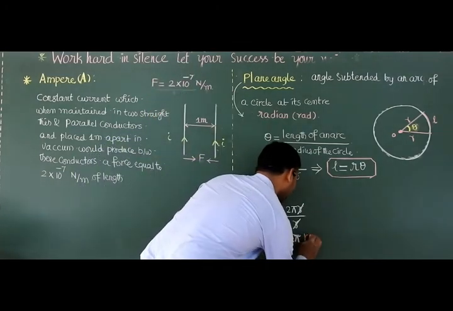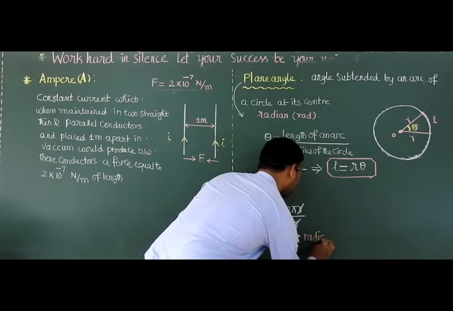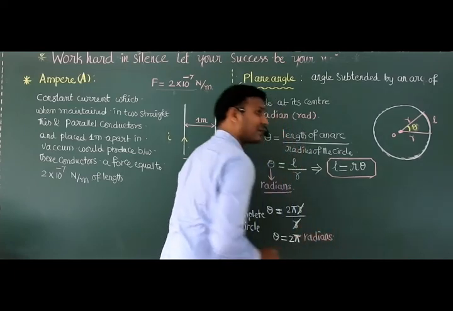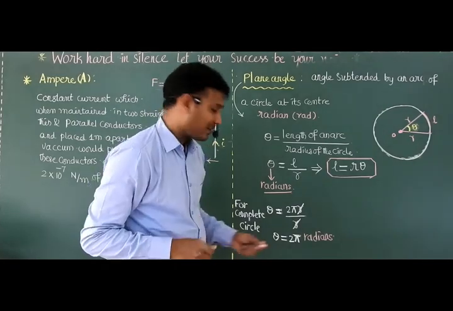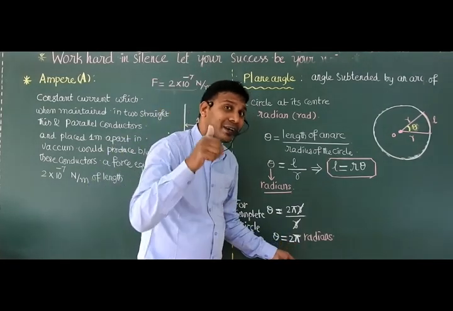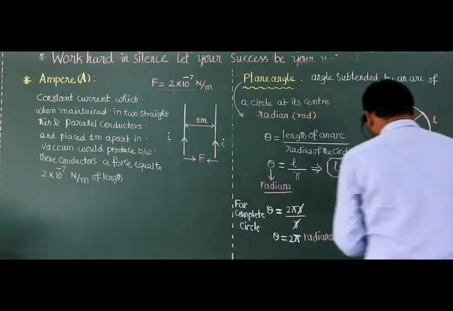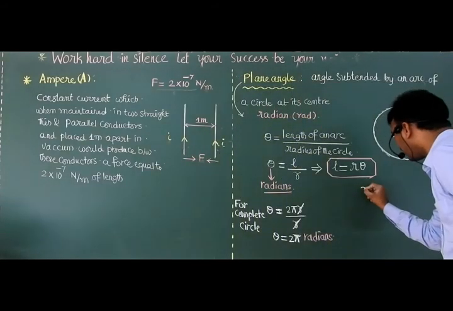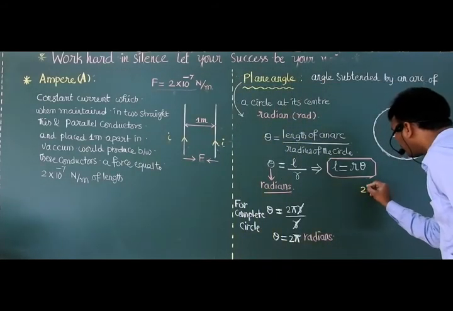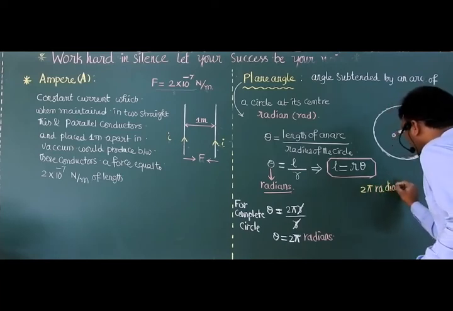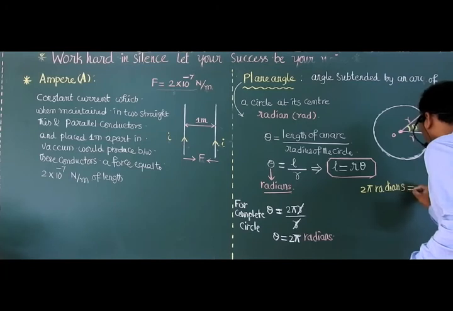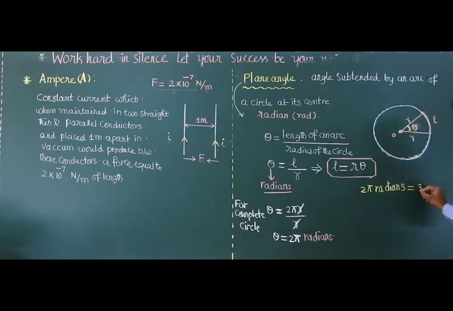2 pi what? Remember, radians. In trigonometry we also measure theta in degrees, but this is in terms of radians. 2 pi radians is equal to how many degrees? 360 degrees.